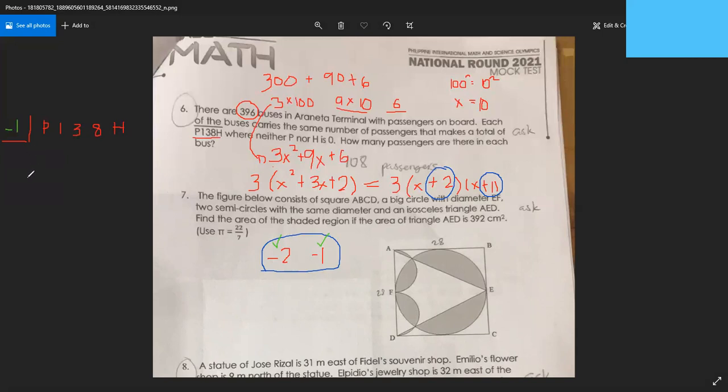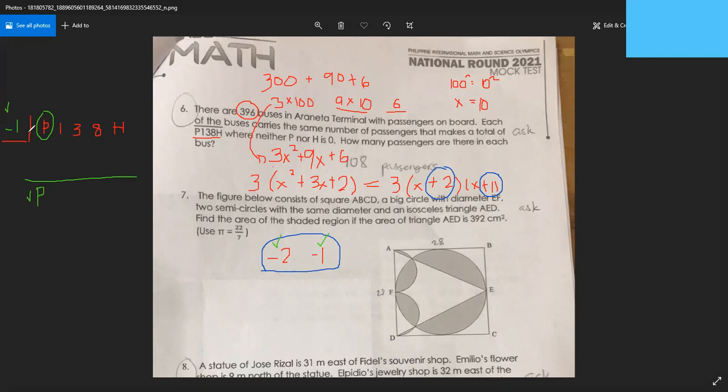Now, this is how we divide using synthetic division. This is not confusing because you are just going to add and multiply. Bring down the first number, and that is letter P. Next, multiply this number by this number.